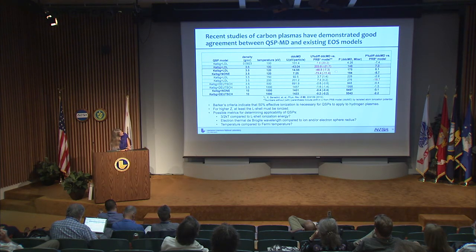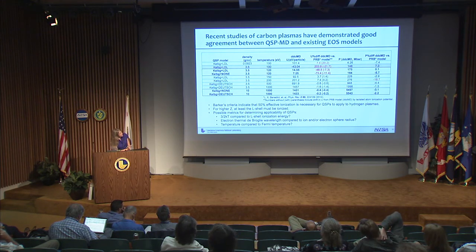What I found was that there were specific instances where the QSPs just failed. This one that's highlighted in pink is an instance where the QSPs failed completely. One of the reasons you can tell is the negative internal energy. That indicates that the system is bound, and when the system becomes bound, it becomes bound in unphysical ways, which I'll show in the next slide.